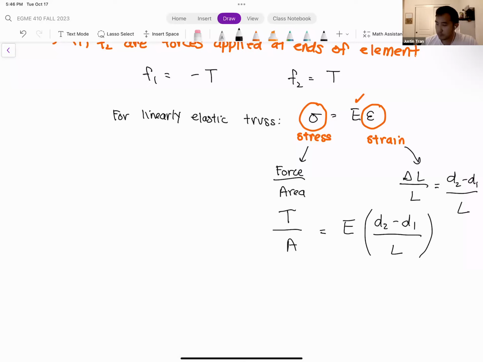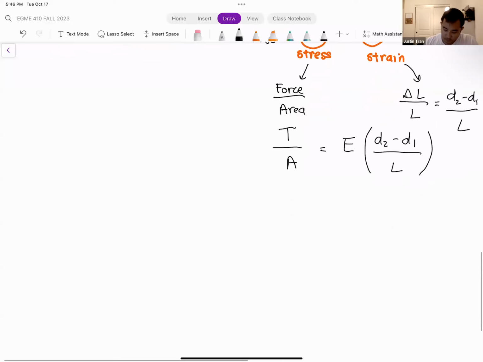And so we have the following relationship: T over A is equal to E times (d2 minus d1) divided by L. This is a good starting point. We've taken our usual stress-strain relationship for linear elasticity and rearranged it to include variables from the problem.